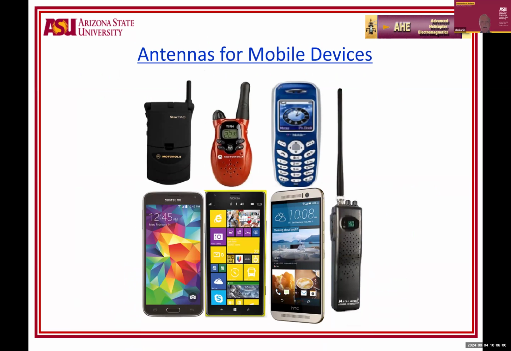Here are some other devices, in this case antennas. Over the years, starting with cell phones, the antenna was exterior to the device, and then they moved it inside so that it wouldn't break and would look better.